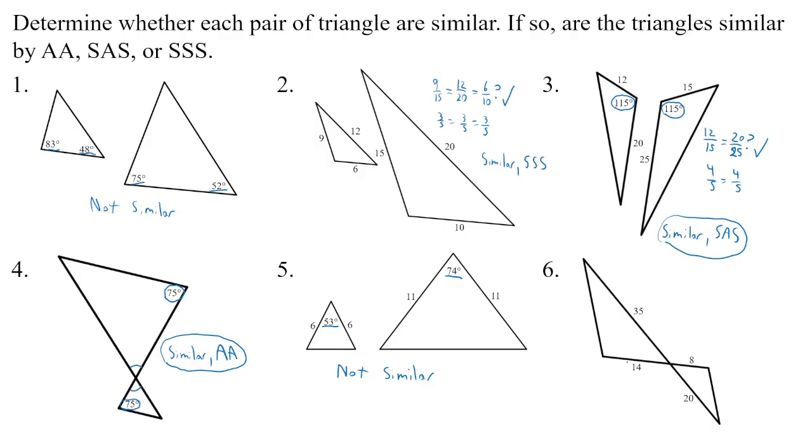So finally, we have number 6. Well, we have sides, so we can see whether 35 over 20 equals 14 over 8. All right, let's see. 35 over 20 reduces to 7 over 4.